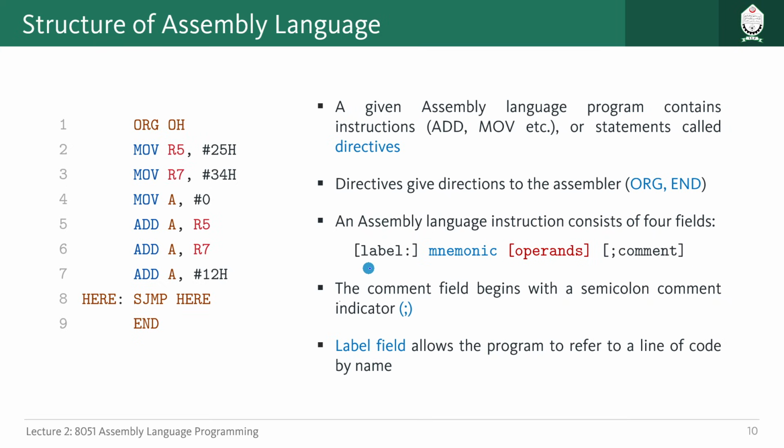And label, later on we will understand the purpose of using it. Maybe right now we don't have enough background to understand, but the label field basically allows the program to refer to a line of code by name. If you have written a particular line of code using this label, elsewhere in the code you can use this label to jump to that line of code. So that is the idea.